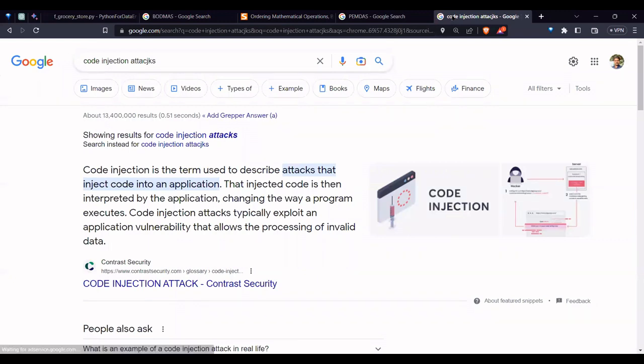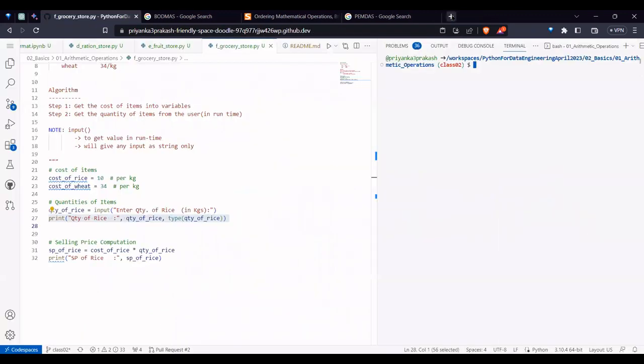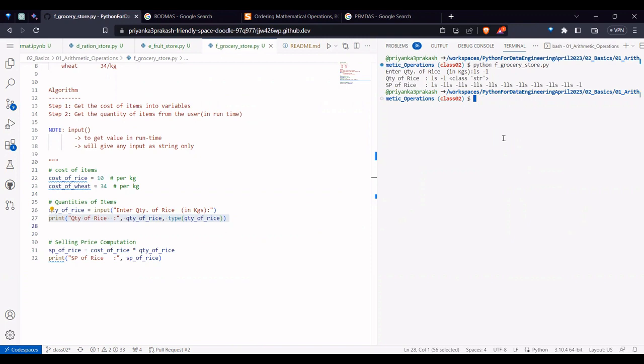At runtime, when you are asking for an input like a number, they will give some ls command to execute. If I do a clear command or something, or say ls -l, when they are asking the code for the list of files, or they can give something like rm -rf.